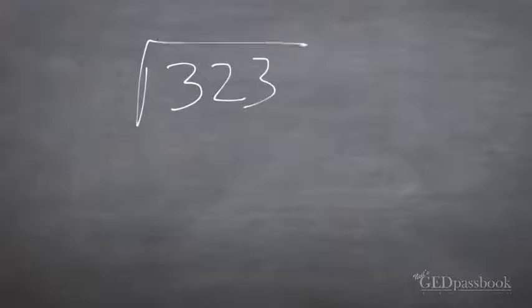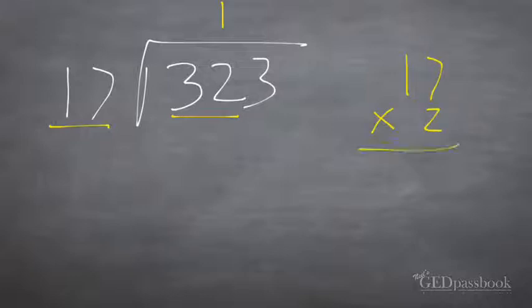323 divided by 17, right? How many times does 17 fit into 32? Once. Because 17 times 2, what's 7 times 2? 14. 2 times 1 is 2 plus 1 equals 3, 34.